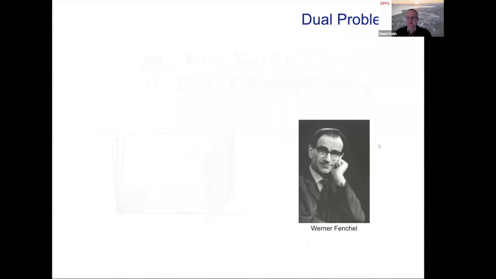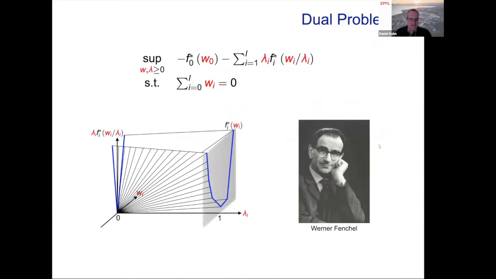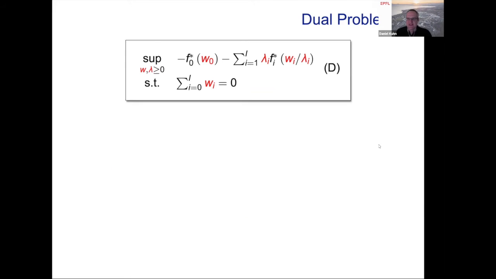Okay, so we thus obtained the problem shown here, and note that in this explicit dual problem, we had to introduce the auxiliary decision variables wi, which are conjugate to the original decision variables x. Okay, so we have thus found a simple representation of the problem dual to P as an explicit convex maximization problem. And from now on, I would like to denote this explicit dual problem by D.